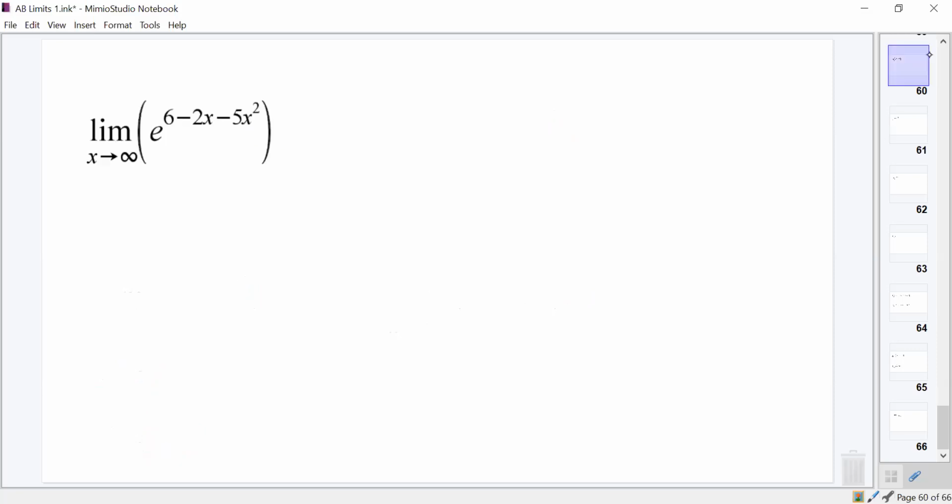Let's take a look at the limit as x approaches infinity of e to the 6 minus 2x minus 5x squared. What should we do with that?